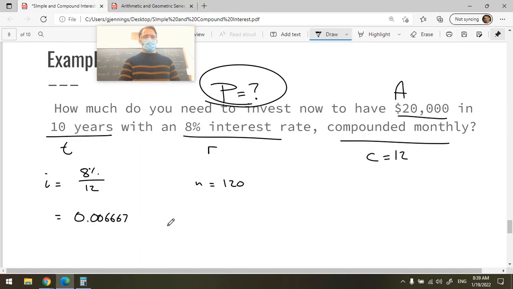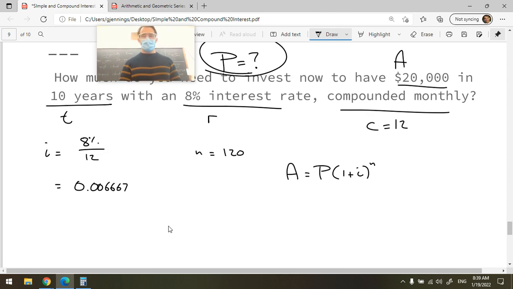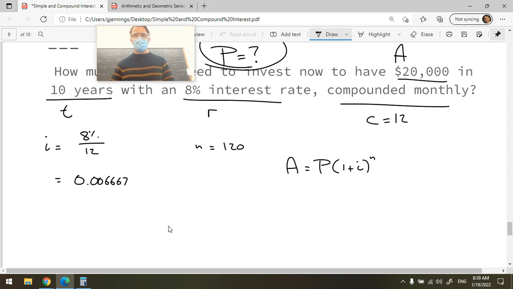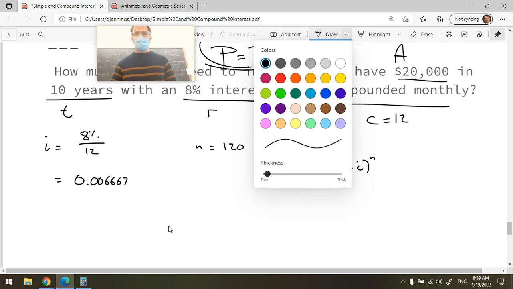So now let's put it into our formula, which is A is equal to P multiplied by 1 plus I raised to the power n. And we can substitute into here and then isolate P. So let's go ahead and substitute all of these values in.